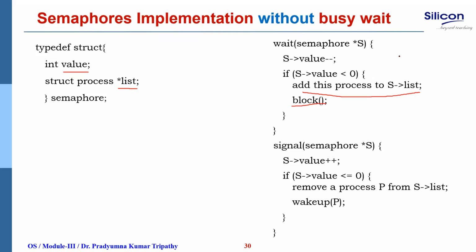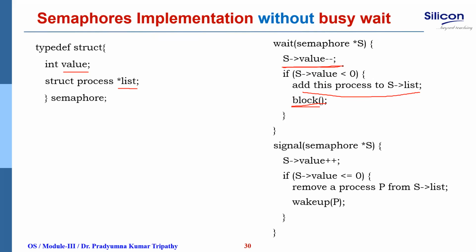Previously, one process would enter and the other processes would just spin in their while loop. Here they are not spinning, they are just blocked. And for every process, the value is decremented. Every time a process comes, the value will decrement. Suppose my S value is 5.